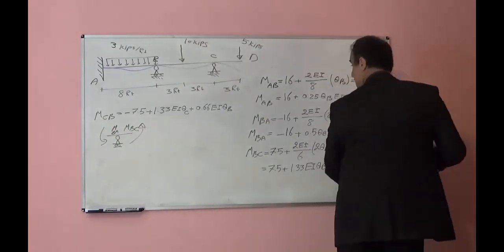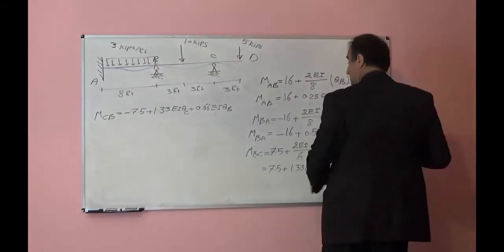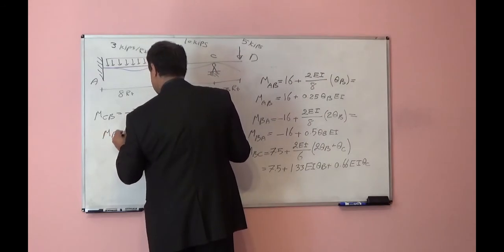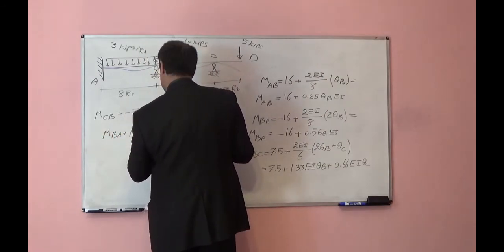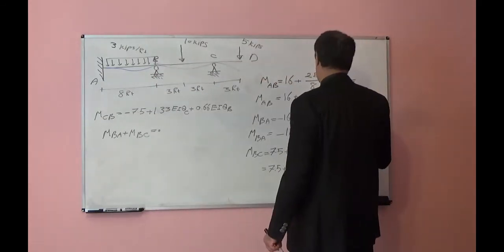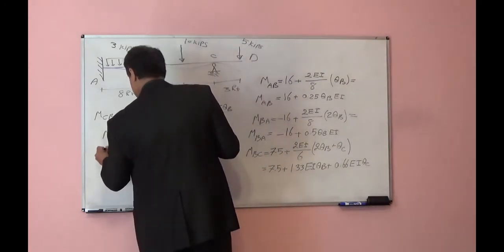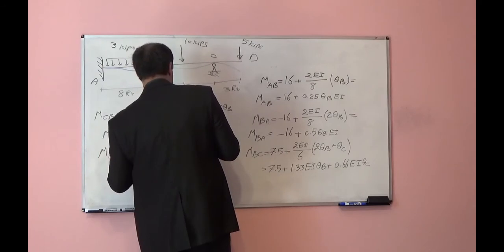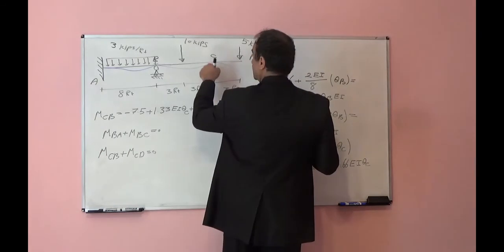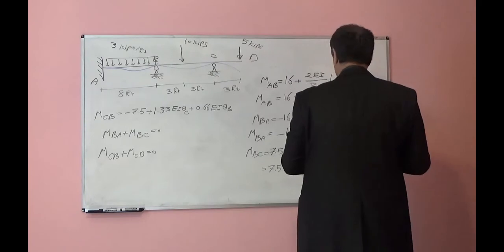So at joint B, M BA plus M BC is equal to 0. That is one equation. Another equation I can write is M CB plus M CD is equal to 0.